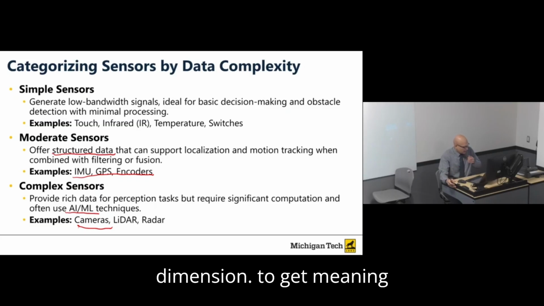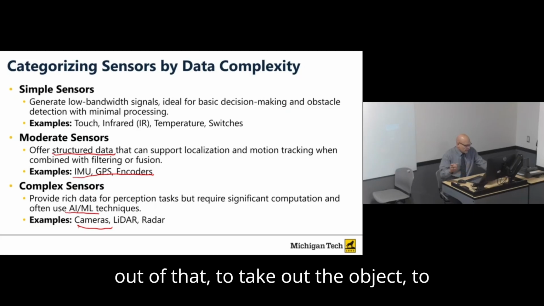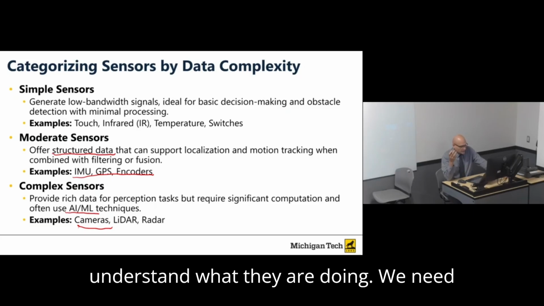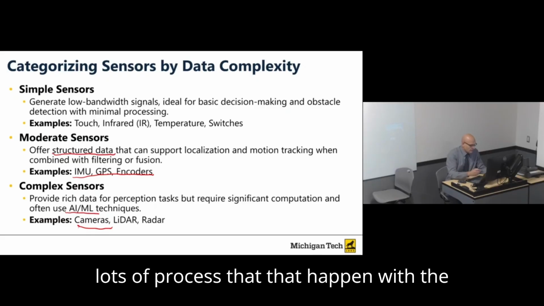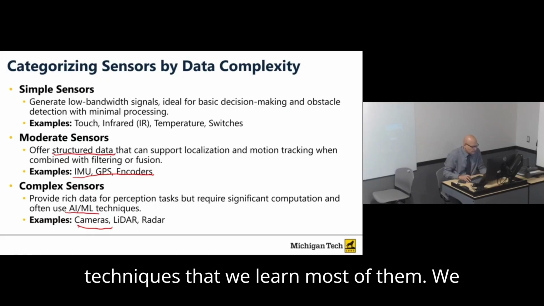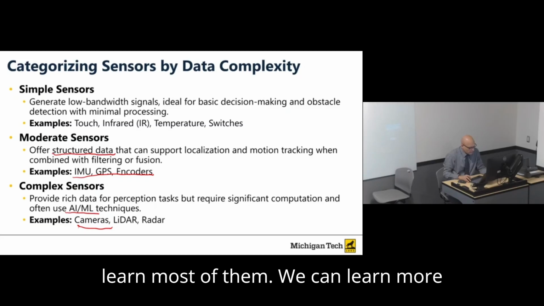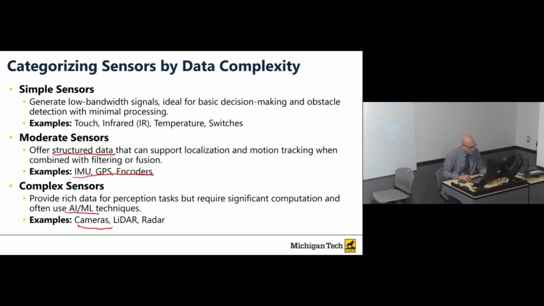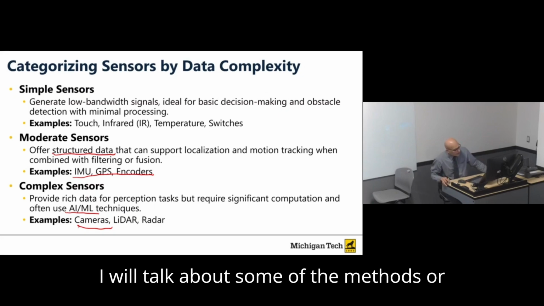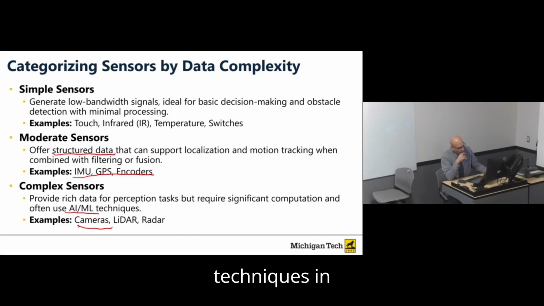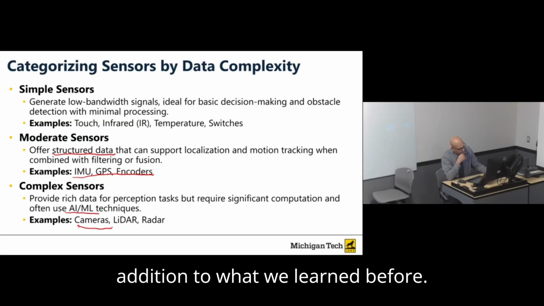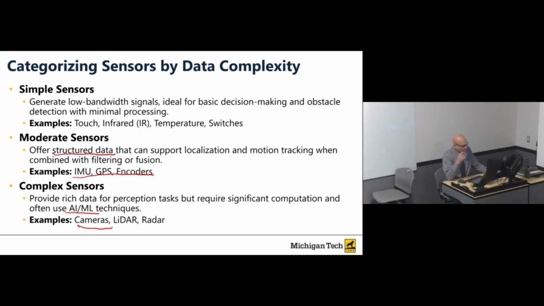To get meaning out of that, to extract the objects and understand what they are doing, we need lots of processing with the techniques that we learned. We learned most of them. We can learn more in the following weeks. I will talk about some other methods or techniques in addition to what we learned before.